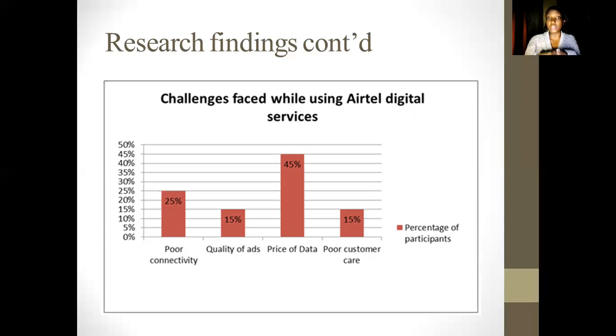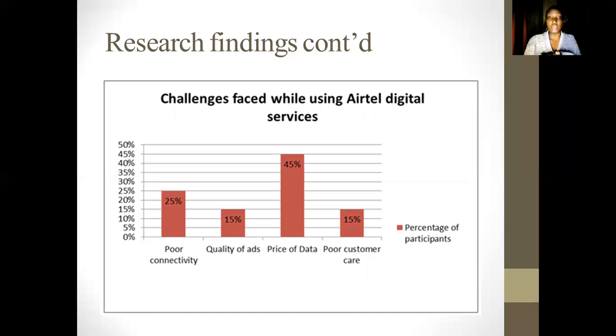And 45% of the participants, which is the bigger percentage in this finding, answer that the price of data is expensive. So they cannot all access this kind of services because some of them are expensive.